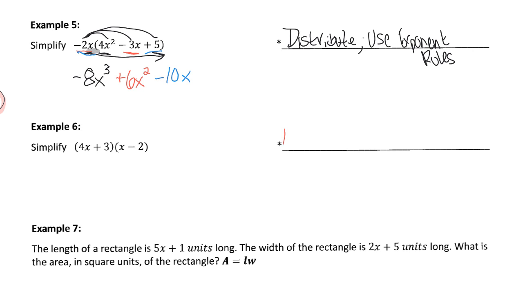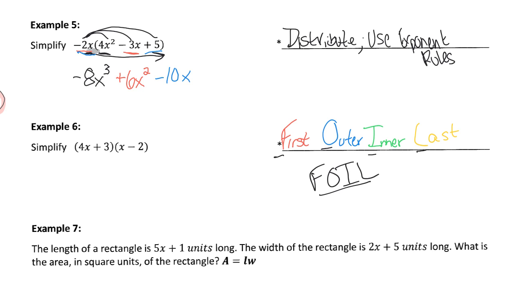So that means we're going to multiply the first numbers, the outer numbers, the inner numbers, and then the last numbers. So that's what FOIL stands for. F-O-I-L, okay. So if you ever see me in the future write FOIL, that's what this means.